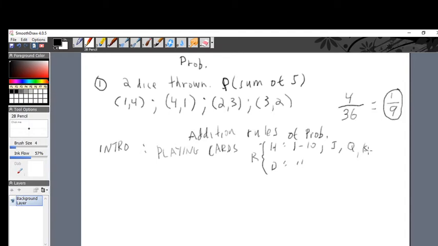The ace doesn't count; the ace will just count as a 1. We're not going to worry about the ace over here. That's going to go between 1 and 10. And then the picture cards are jack, queen, and king. The same exact thing is true of diamonds, of course, and they both are red.